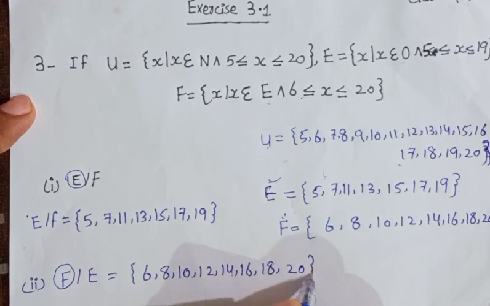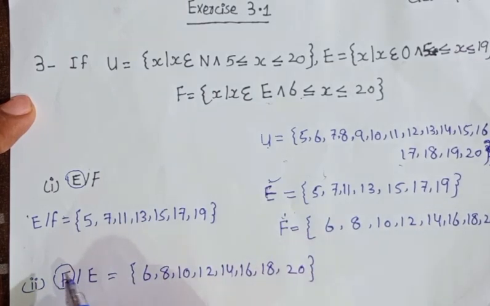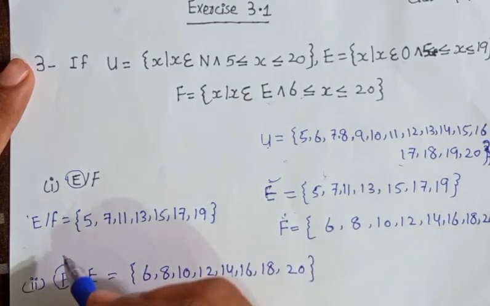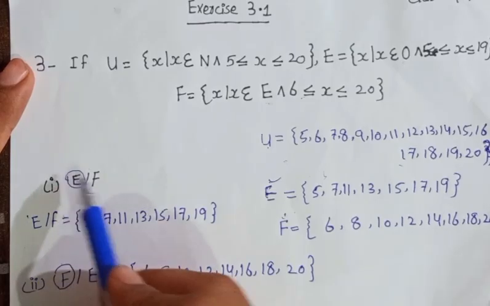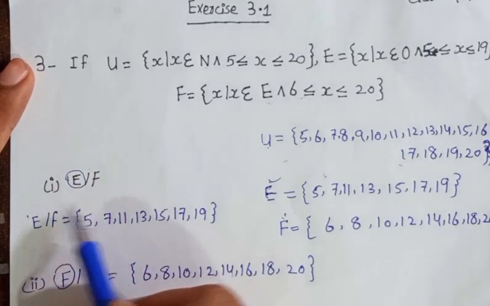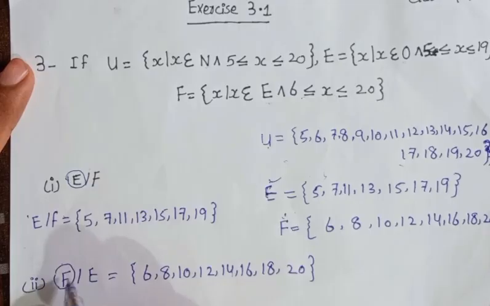This means I took out the difference. In a difference you only take the elements of one set. If it is E difference F, you write the elements of set E. If it is F difference E, you only write the elements of set F.